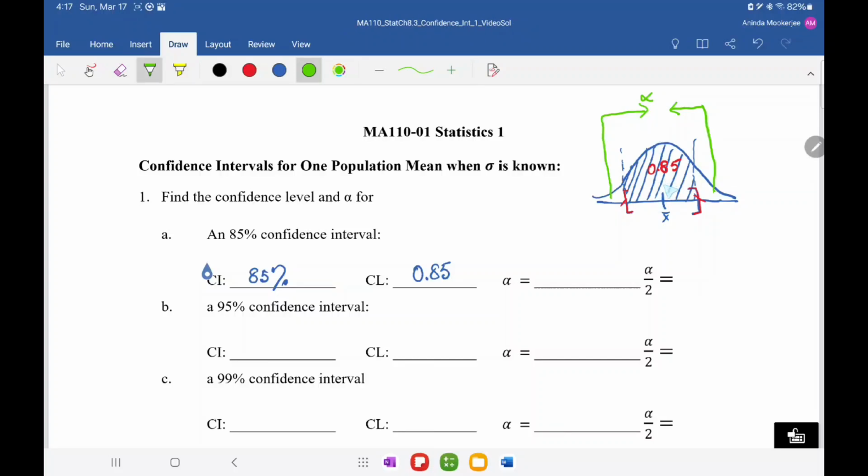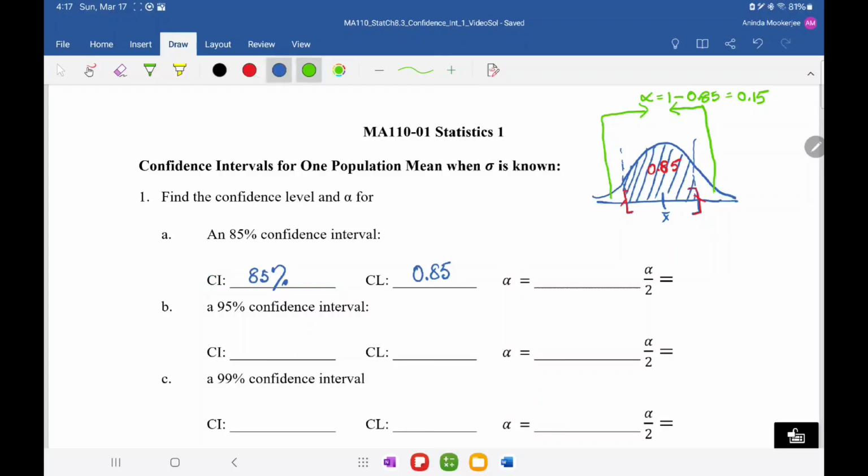How do we find alpha? It's 1 minus whatever the bounded area is. So if the bounded area is 0.85, then all you do to find alpha is 1 minus 0.85, which is going to be equal to 0.15. All right? So that's these two areas together.